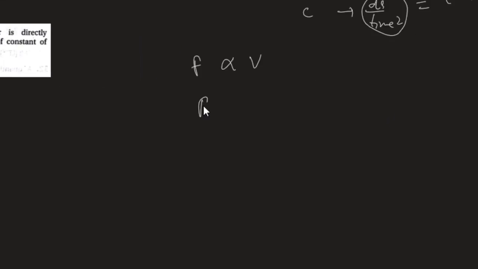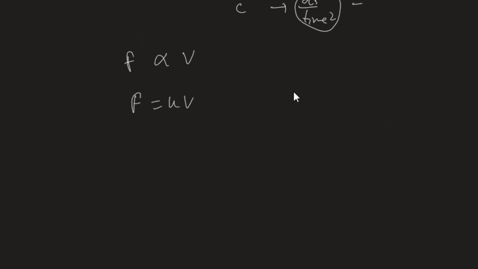So if it is directly proportional to the velocity, then you can write F is equal to some constant K into V. Now they are asking us to find the unit of the constant of proportionality. That means K can be written as F by V, right?